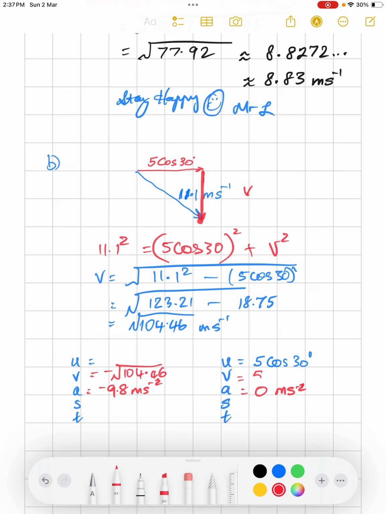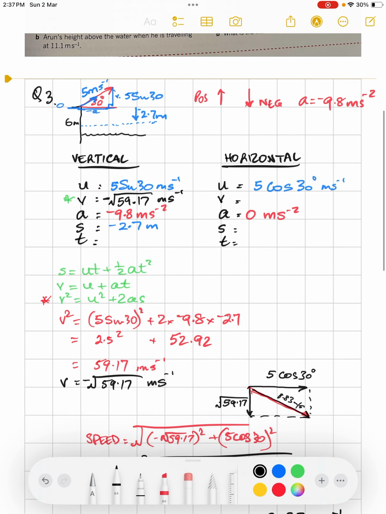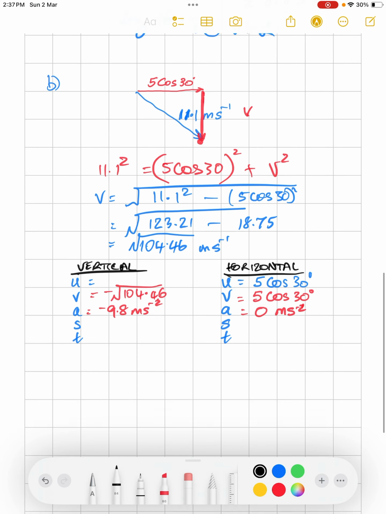We already knew our horizontal. So let's just put horizontal title here, vertical component here. What we're after now is, are we after the time? No, we're after S. Okay, so we're after S.